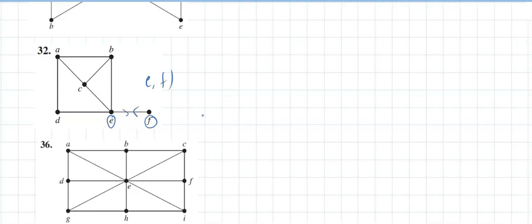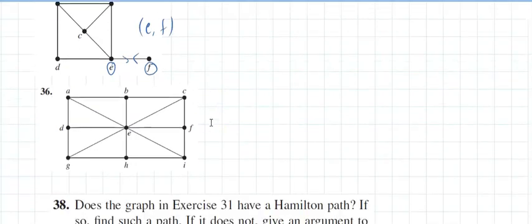So because of E and F, there's no way I could have a circuit. 36. If I go all around, so remember, you could go over an edge as many as you like, but you can only go over each vertex just once.